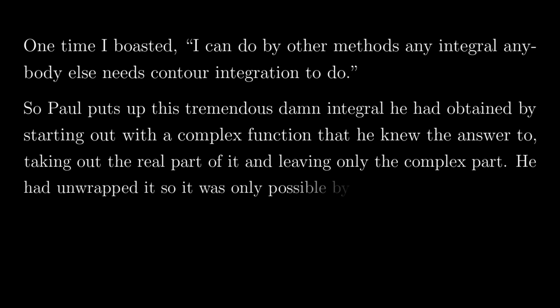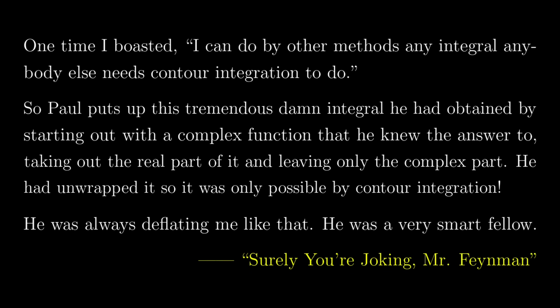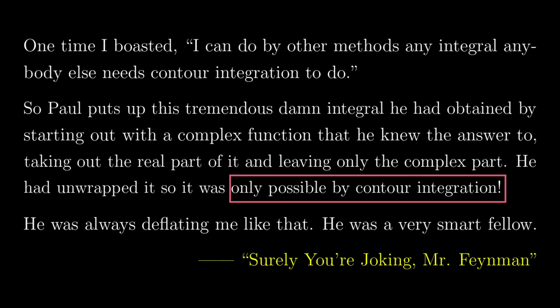He had unwrapped it, so it was only possible by contour integration. He was always deflating me like that. He was a very smart fellow. Here, he was talking about real integrals, yet those are only possible by contour integration.